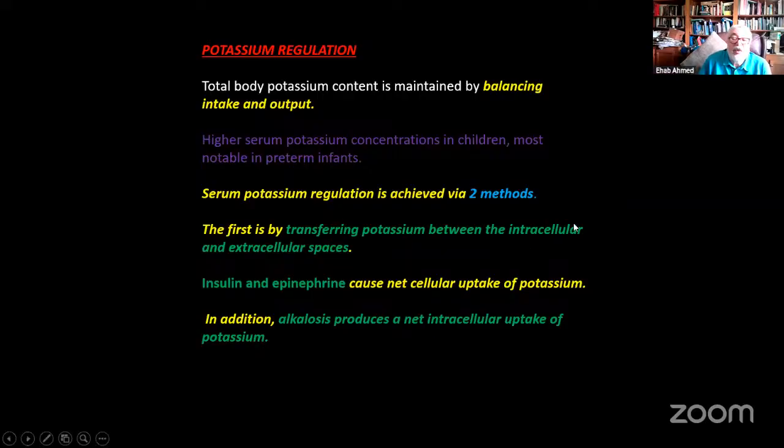Serum potassium regulation is achieved at the age of 2 months. And what happens in the newborn is that potassium transfers from the intracellular to the extracellular space, and it's affected by many factors, including insulin, epinephrine, and that's why we use insulin in the treatment of hyperkalemia.